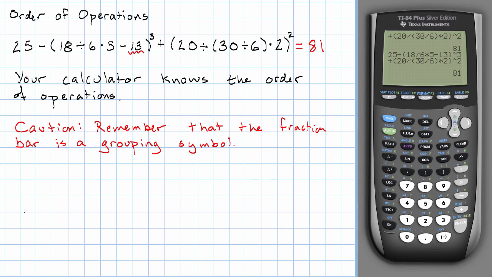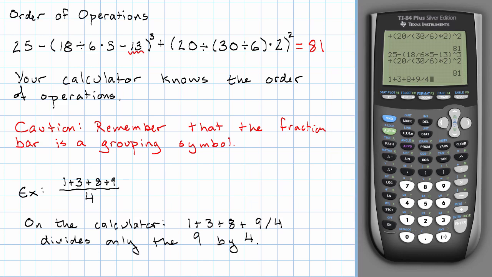So if we wanted to use the calculator to find the average of these three numbers, if we were to enter this on the calculator, just like what we see, what we've just entered on the calculator says take 1, 3, 8, and 9 divided by 4 and add them together. That's not what we want.